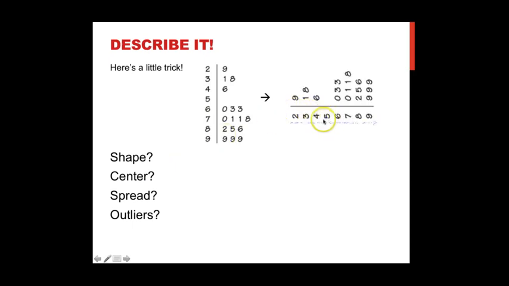Notice I turned it on its side so that the stem almost serves as a number line. Now I can see my leaves almost acting as if they are bars or possibly like a dot plot. That allows me to better identify the general shape of the values rather than when it's in its vertical pattern.